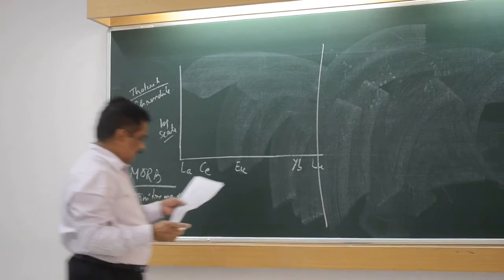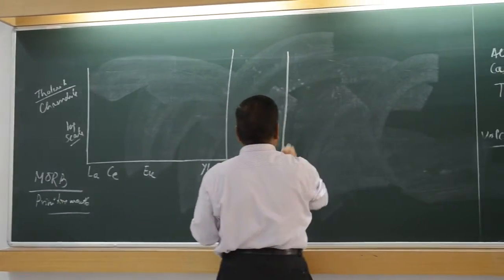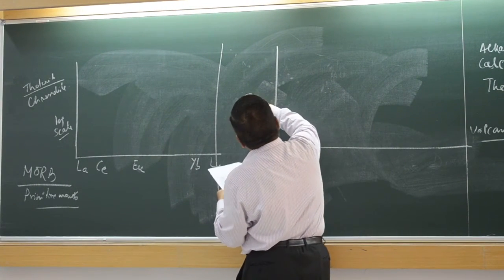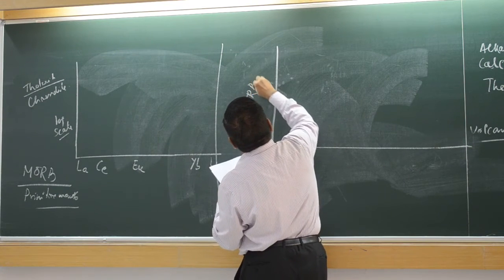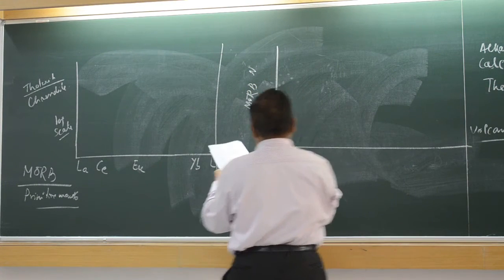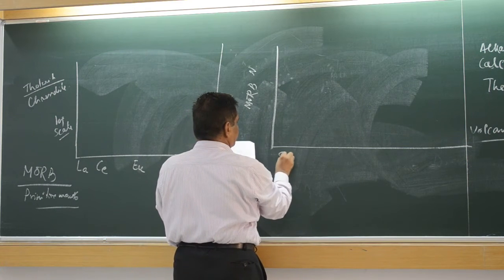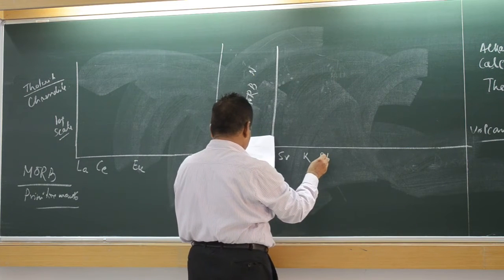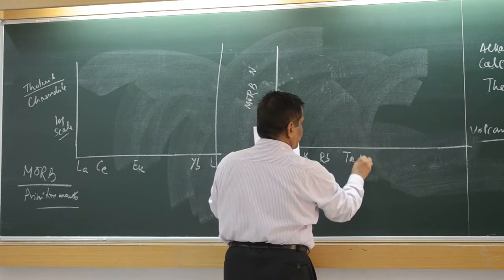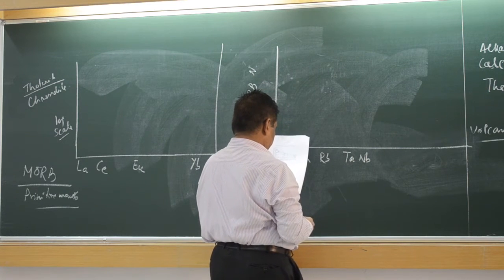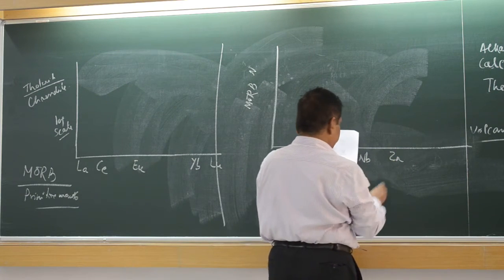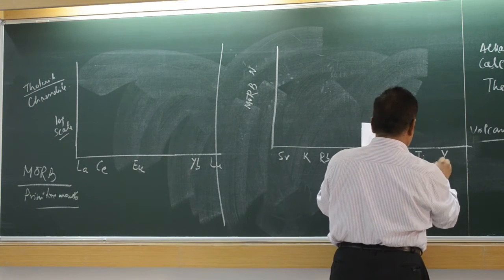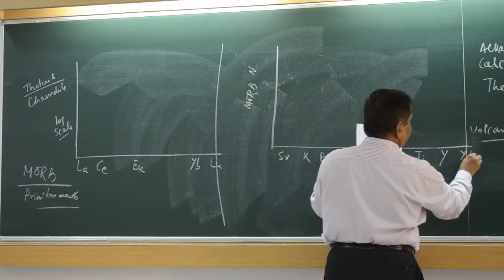See, there is another diagram, two diagrams simultaneously. Why I am telling you, it will make some meaning. Here it is normalized with mantle. Here it is strontium, potassium, rubidium. You write down these values: tantalum, niobium, then zirconium, then titanium, yttrium, Yb.